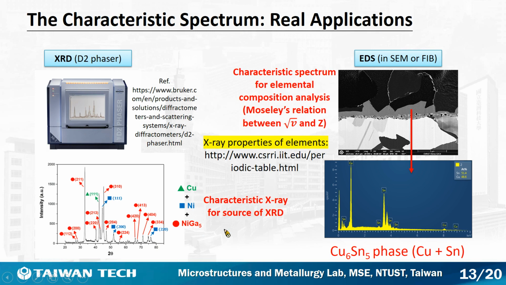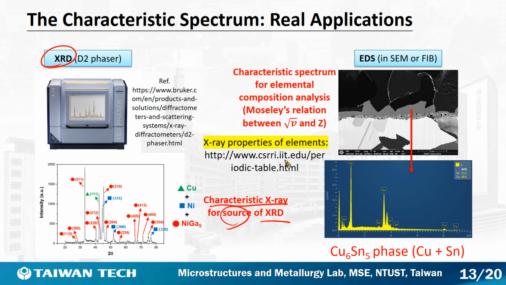And now we know about the characteristic spectrums. It shows a very high intensity and is narrow in wavelength. So actually we can use it for machines like XRD. This could be used as the source of XRD.